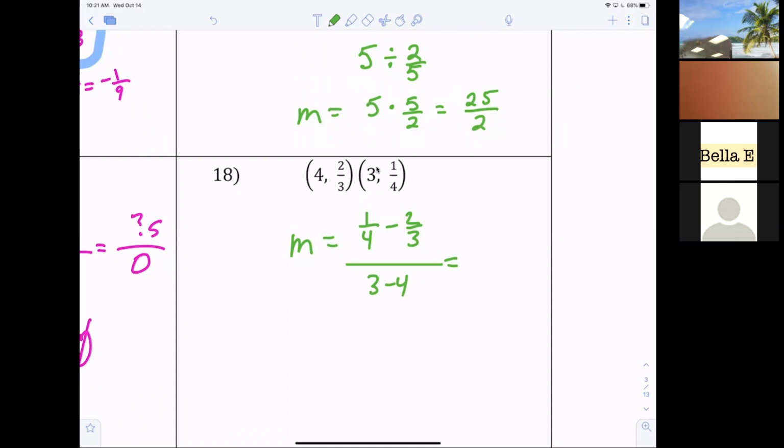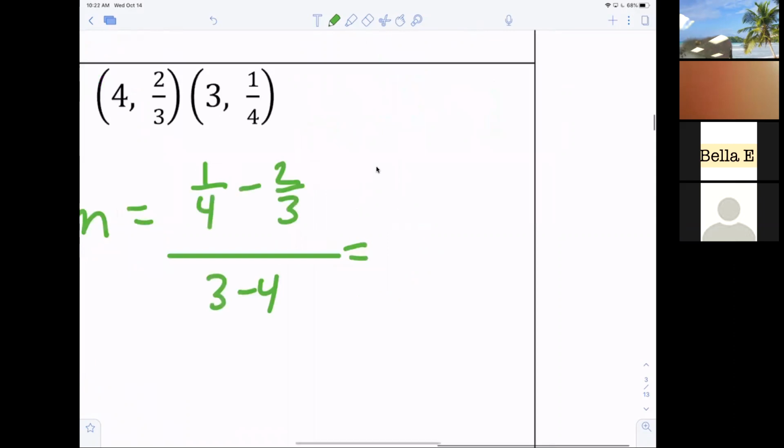All right, so I want everybody, not with the calculator right now. What is the common denominator between 4 and 3? 12. So everybody puts down 1/12. Then the first fraction I have to multiply by what? 3. So that's 3 minus. The second one is 8 because I'm multiplying by 4.